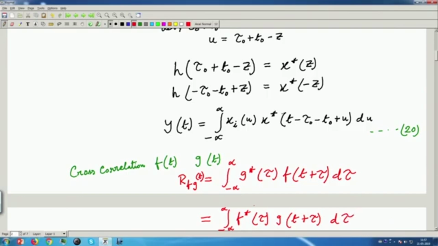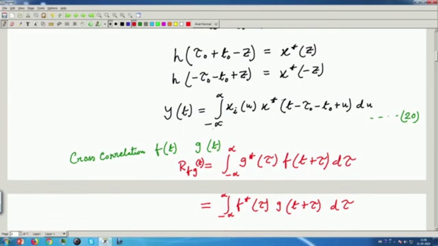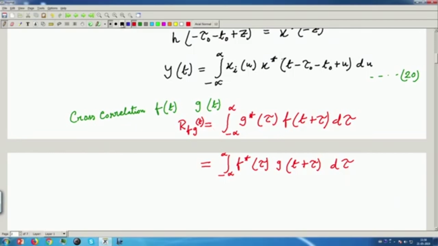I think this also is true. So, comparing these, we can now easily understand what our y t is.